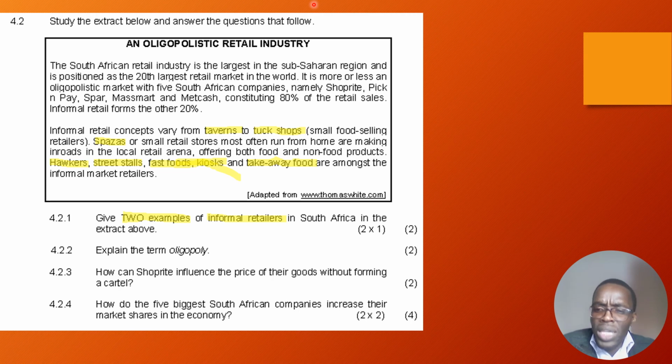In so doing, they are going to be getting the products at a much lower price, and that can help them to influence the market prices, because now they have managed to take over another business.